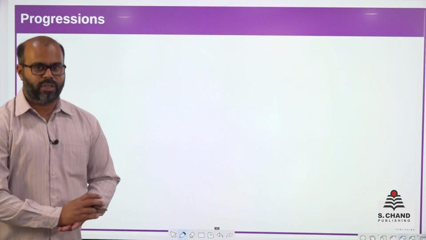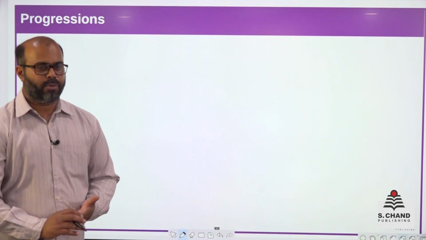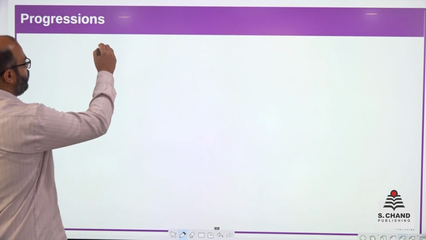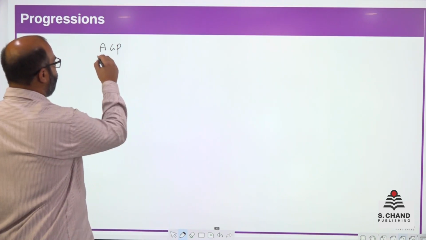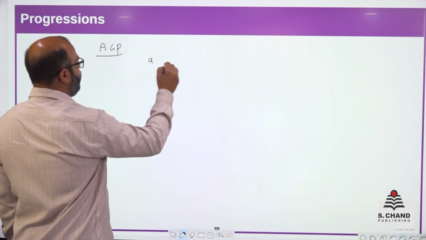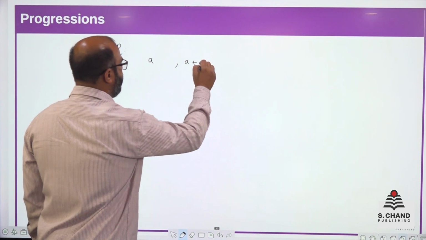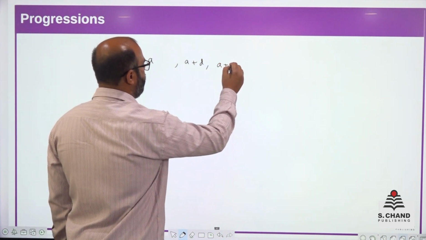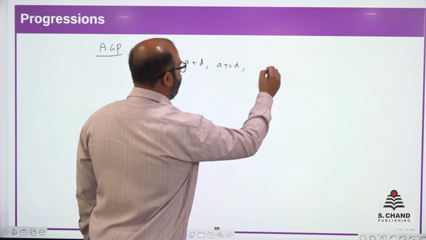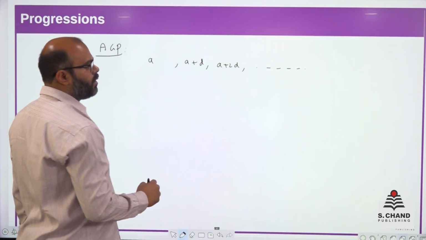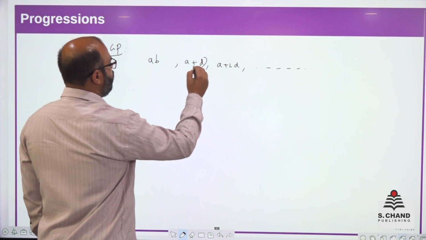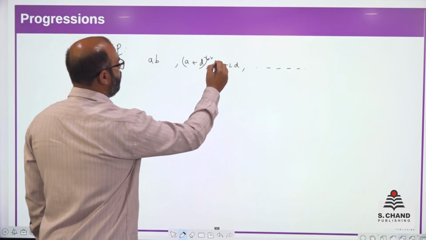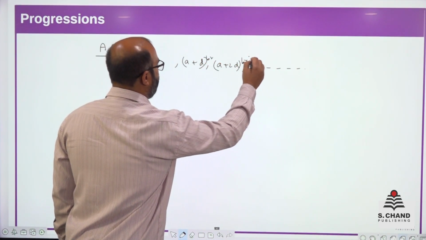Next, what we have to see here is Arithmetico-Geometric Progression, which is called AGP. So AGP basically are terms which have one part as the AP, A plus D, A plus 2D and so on, multiplied with a geometric progression. So B into BR into BR square, like this.